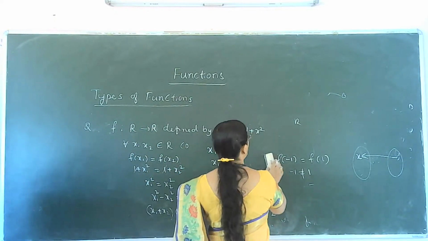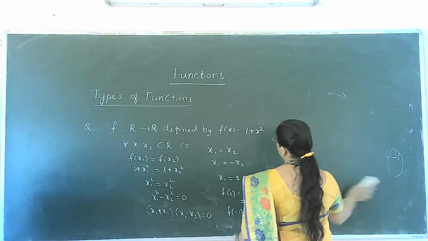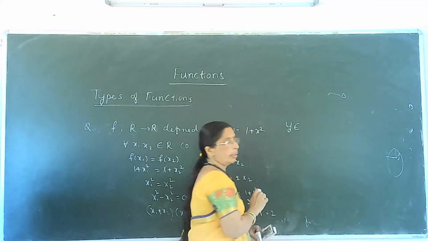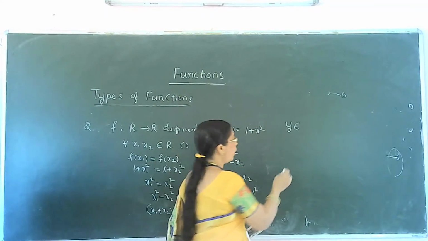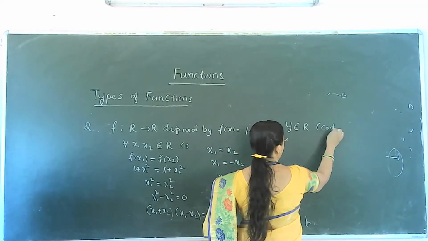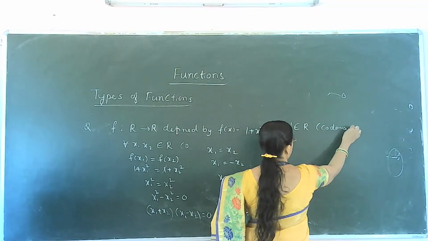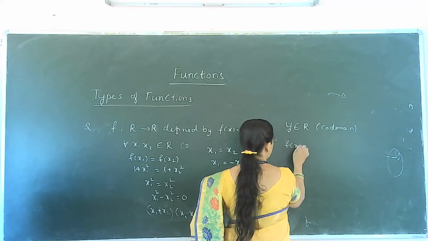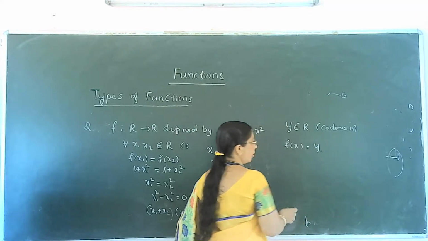Then, onto function. For the onto function, we take any element y belongs to R, which is the codomain.